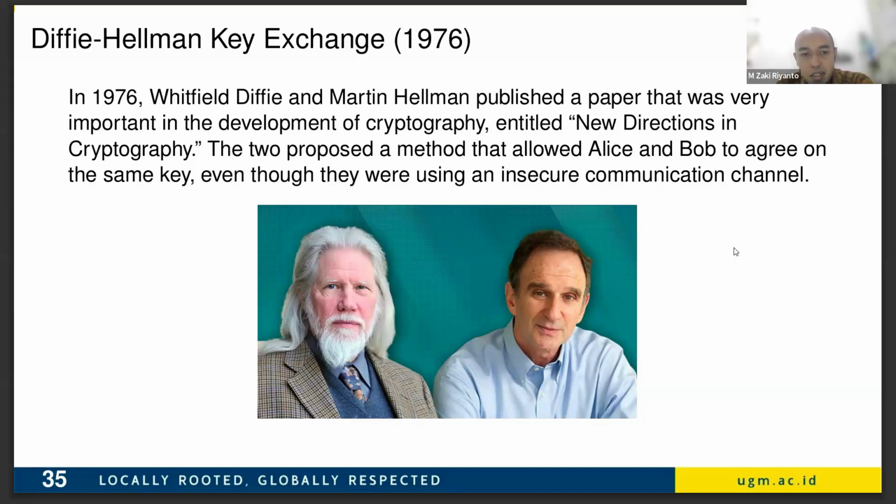Diffie and Hellman proposed a new method that allowed Alice and Bob to agree on the same key for encryption and decryption, even though they're using an insecure communication channel like the internet.